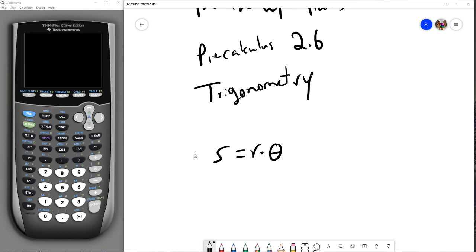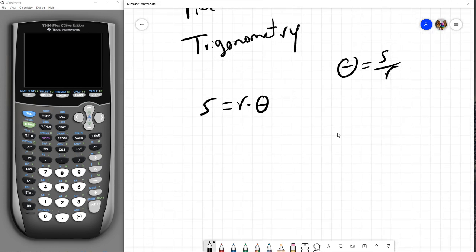It's a unitless measurement, and it was based on the ratio of the arc length divided by the radius. So this was how we came across determining a way of measuring angles. It doesn't matter what the radius of the circle was, we could look at this ratio and it would always be the same. And so this gives a new way of thinking about angles.